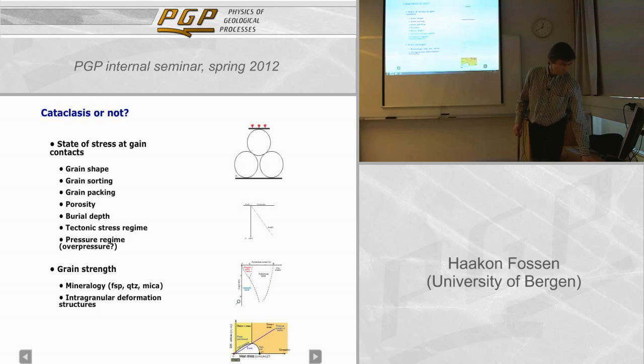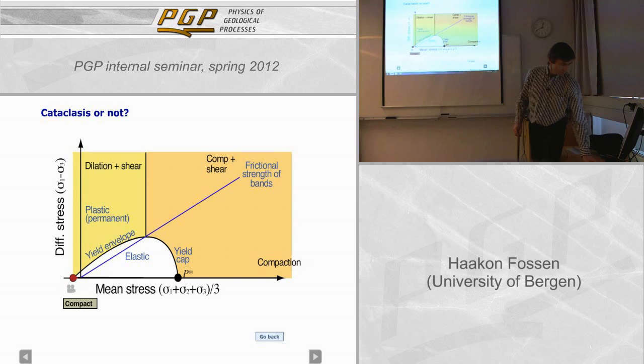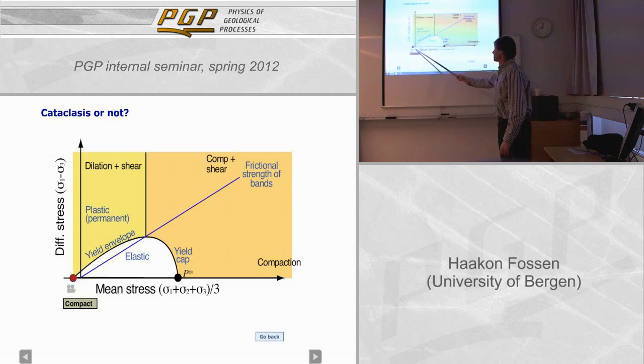Let me just show this very quickly. I don't know if you're familiar with this kind of graph. This is the mean stress, sometimes referred to as pressure, and differential stress. And this is the yield envelope for a sand or sediment. Within this stress subspace here, there's only elastic deformation going on.